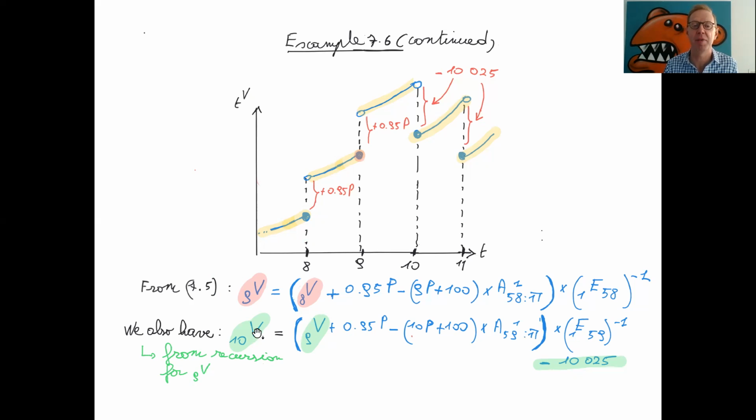And there is a survival benefit payment at time 10, namely 10,000 and a related expense of 25. So V10 is this whole expression minus 10,025. If you look here, the minus 10,025 is just this jump downwards.